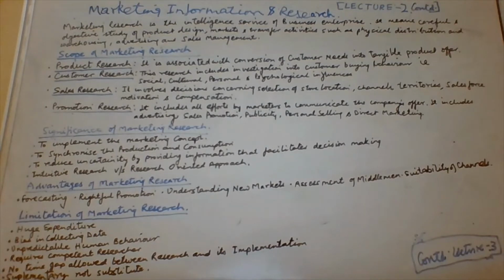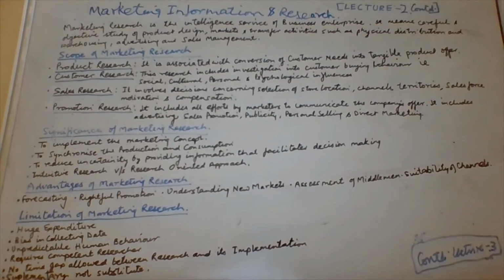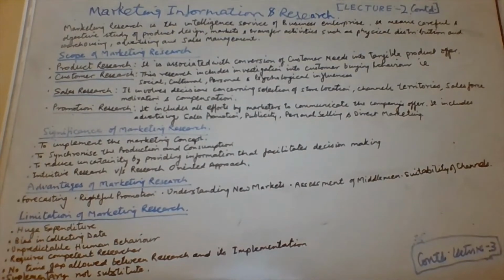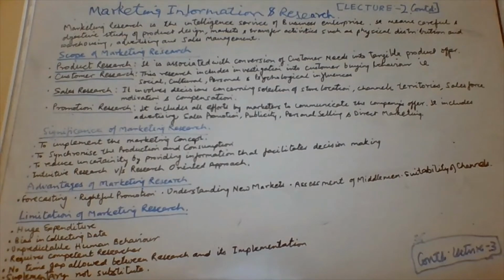The taste and behavior of the customers change very fast. So it becomes always necessary to have the information in time and to implement the information in time. Implementation here is to convert the problems of the people into tangible products for the consumers.